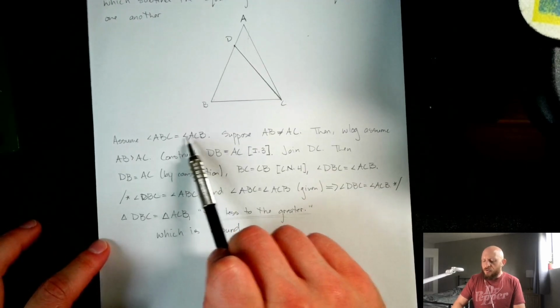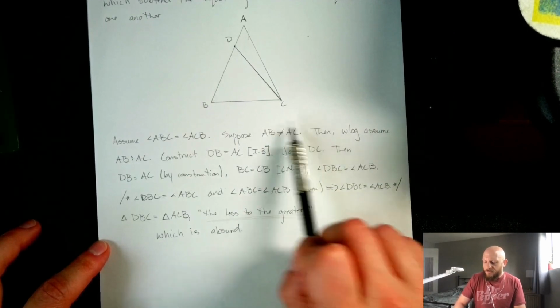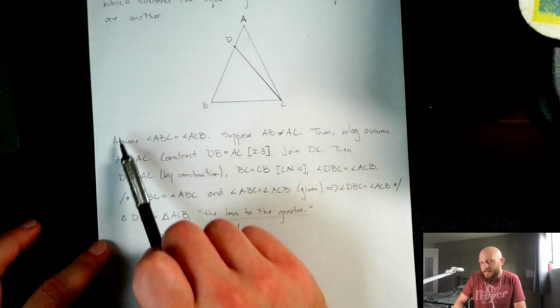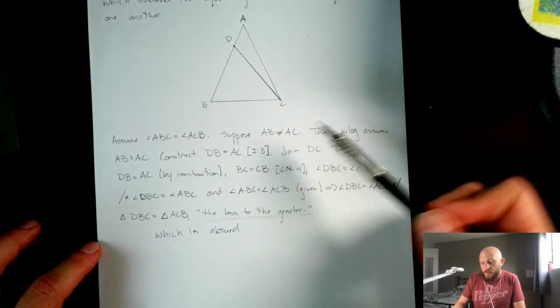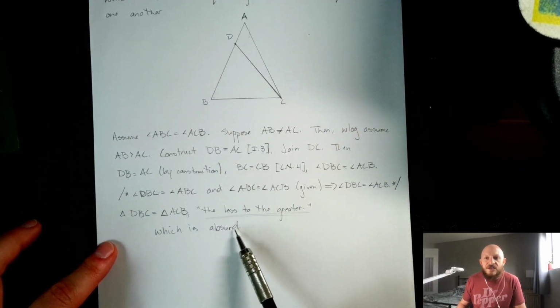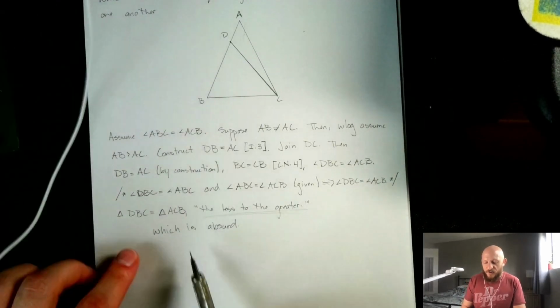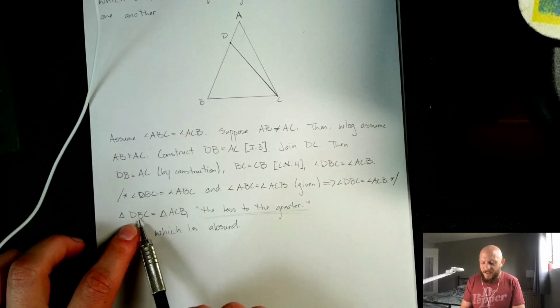We'll assume the conclusion to be false. We'll play around with the world where both of those are coexisting, and we'll just see what happens. And in the world where both of those coexist, we end up in a situation that logically just cannot be true. So think of this, triangle DBC equals triangle ACB.